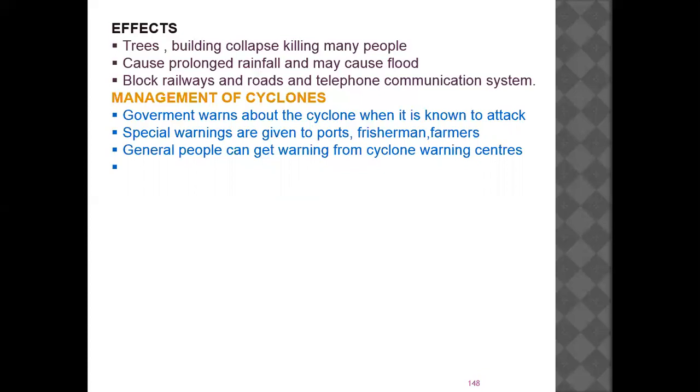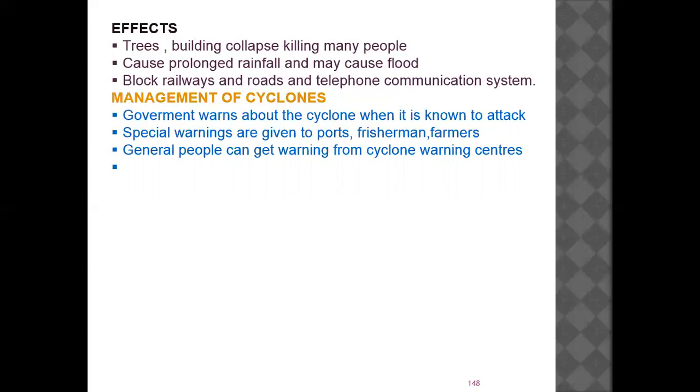The main dangers of cyclones are because the cyclones are accompanied by very strong wind, rain, and tide. So they destroy almost everything that comes in their path because of heavy rainfall, because of flood, because of very heavy destruction to the surrounding environment.